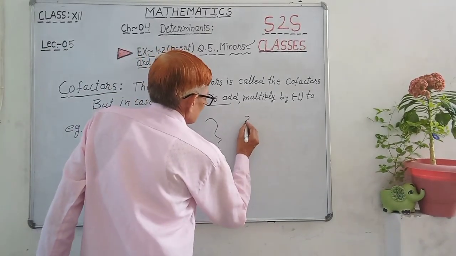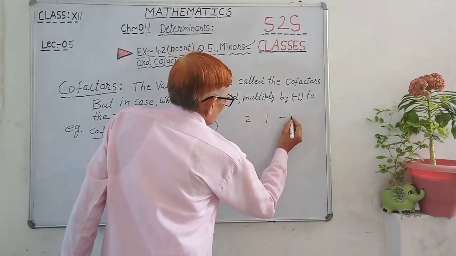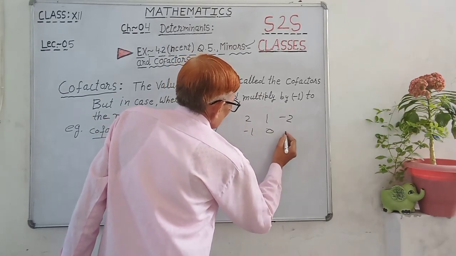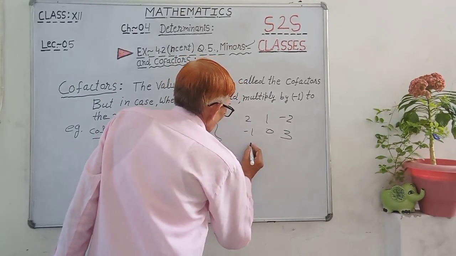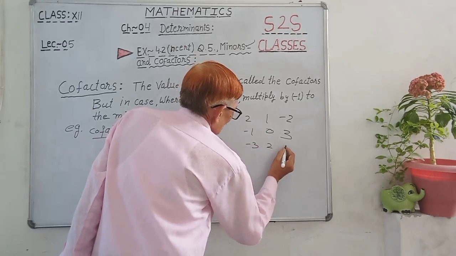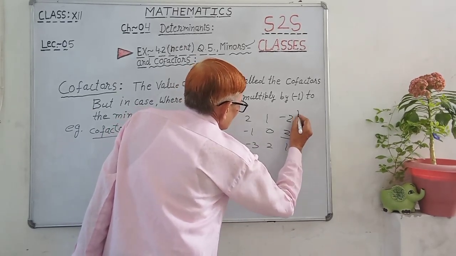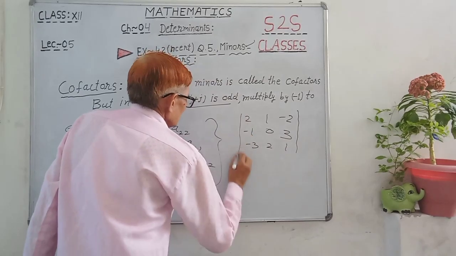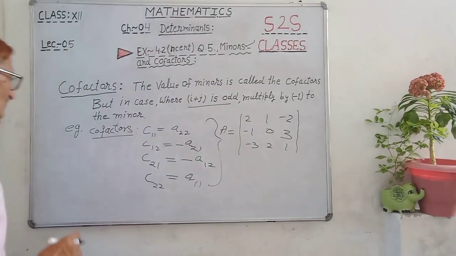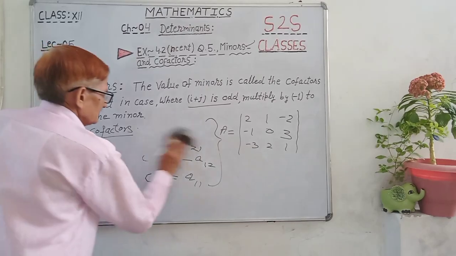Taking this 3 by 3 determinant: 2 1 -2, -1 0 3, -3 2 1. I am finding cofactors of this.